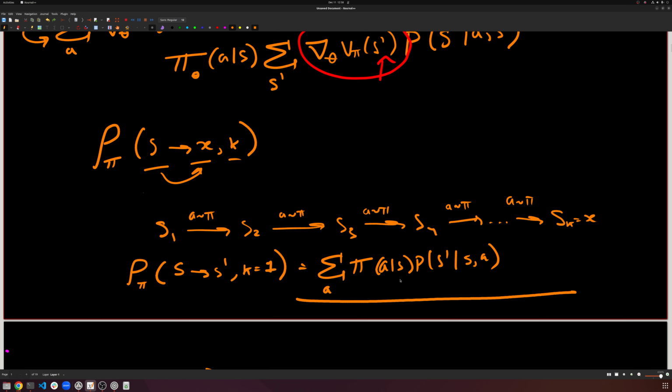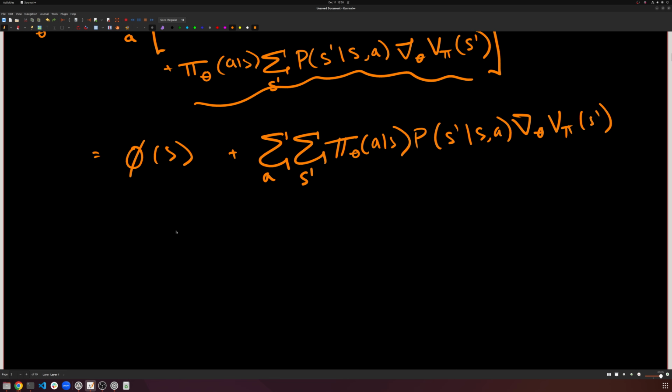That's this right here. The policy times the probability of taking some action at some state, ending up at the next state. This is a one-step transition. So we can rewrite that exactly in the same way. This can be phi s plus, we have our sum over the next state, that's still the same, and we have our transition.